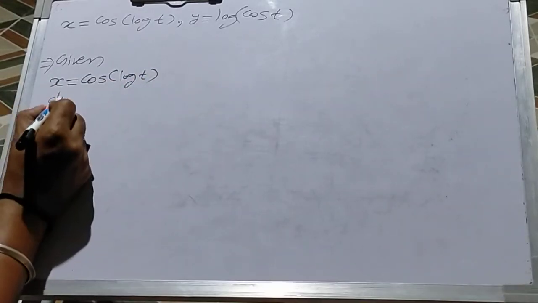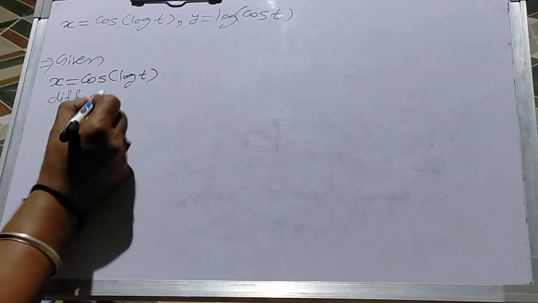Now next example, x is equal to cos of log of t, y is equal to log of cos of t. So here, given x is equal to cos of log of t, differentiate with respect to t.